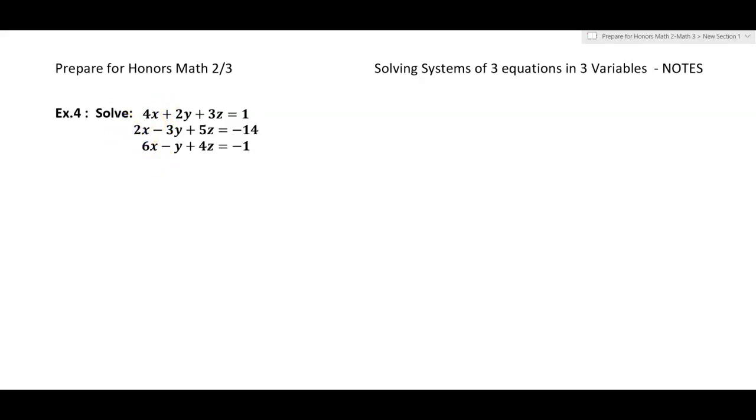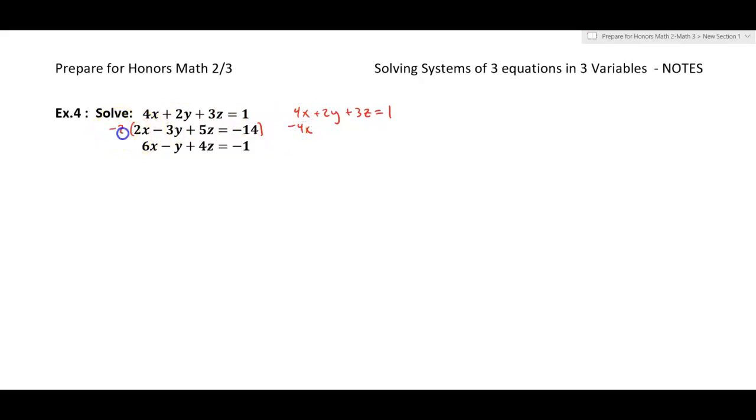So if we went with the route of eliminating x, here's what I'm going to do. I'm going to do it in more of an established way. If I want to eliminate the x's, I'm going to use this equation here, which stays the same: 4x plus 2y plus 3z equals 1. But what I have to do is turn this coefficient into a negative 4x.